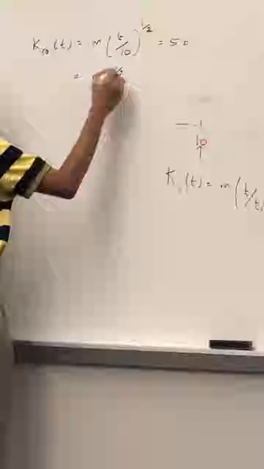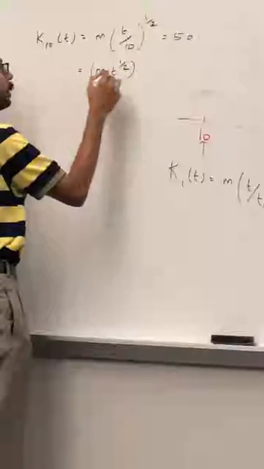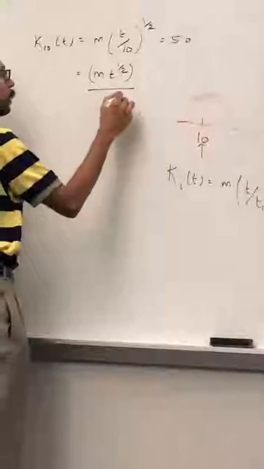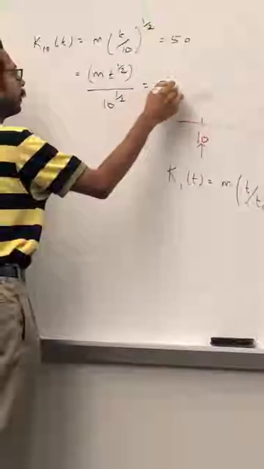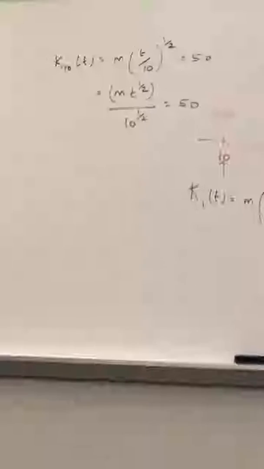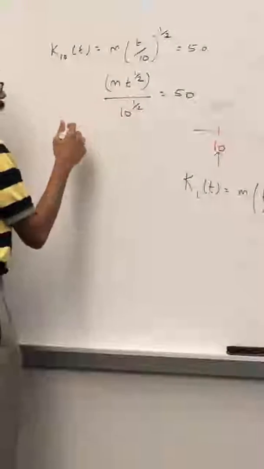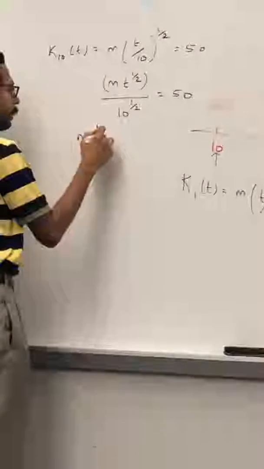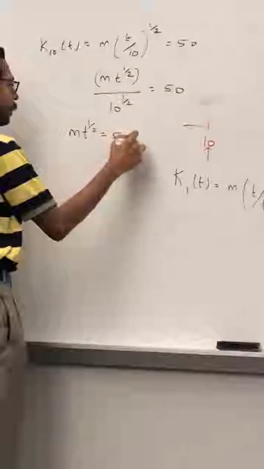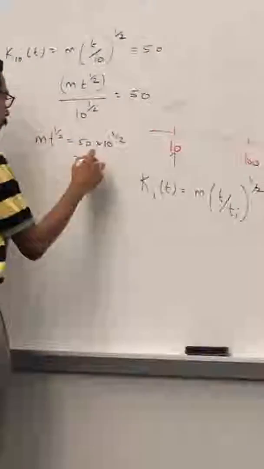This is the unknown part, and this is the known part, which is 50. So t over 10, I'm just splitting as t to the power half divided by 10 to the power half. So m times t to the power half is simply 50 times 10 to the power half. Computing this, it comes out to be about 158.1.